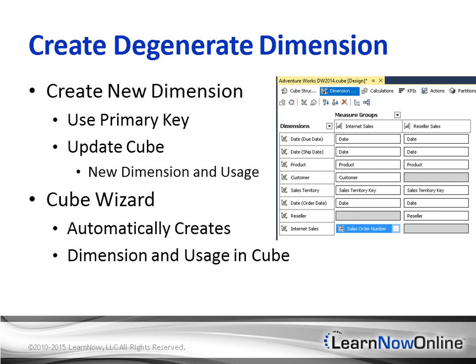Just remember to modify the dimension after finishing the Cube Wizard with the Dimension Designer. The wizard does not know what columns you want as dimension attributes for the new fact dimension. Using either option, you still have to make invisible the key attribute of the new dimension.